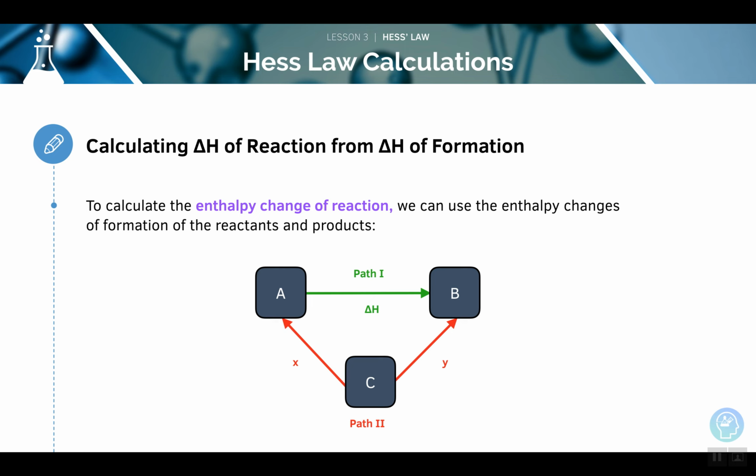Both the reactants and products involve the exact same elements, so they are formed from the same elements. Therefore, we can write these elements across the bottom, shown here as the letter C, and calculate the enthalpy of formation of the reactants, which is A, and the products, which is B.